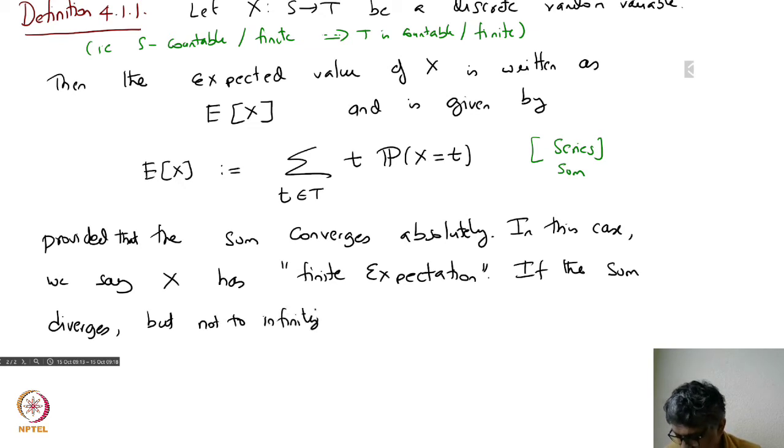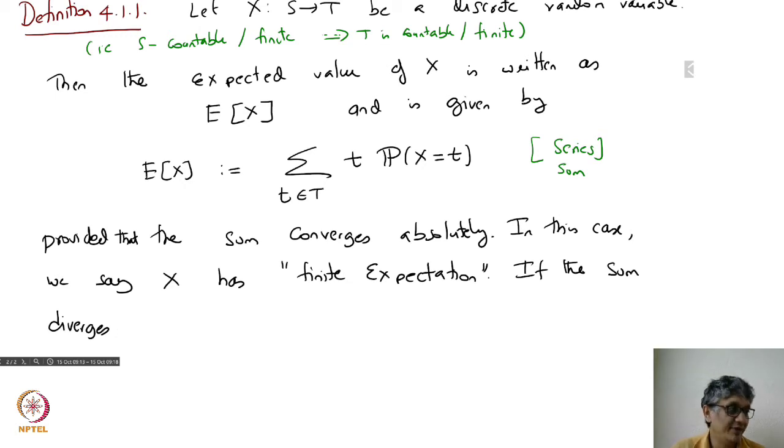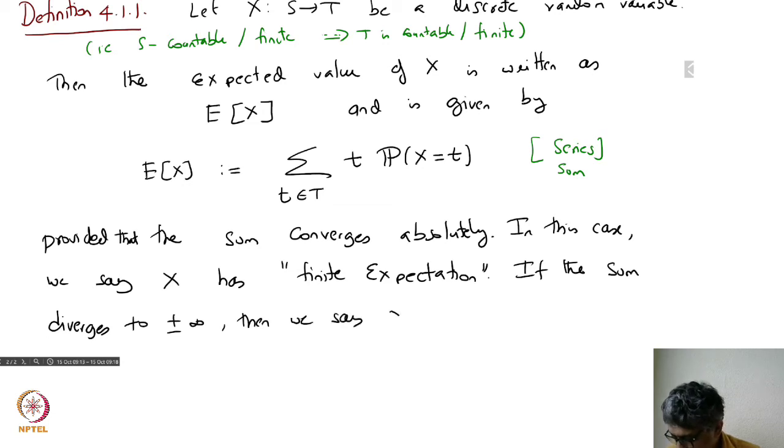A series can diverge to infinity, or it can just not converge without going to infinity. Maybe I'll go first like this: the sum diverges to infinity. For the sum diverging to plus or minus infinity, we say that X has infinite expectation.